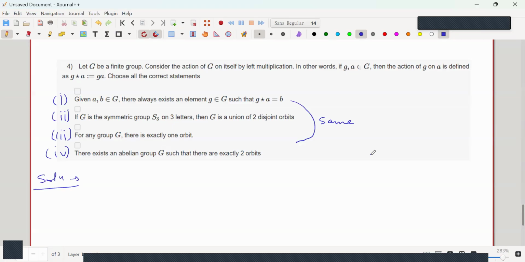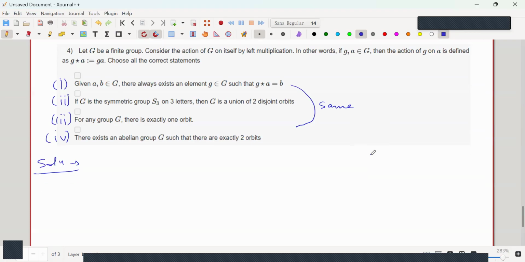Because this is for any group G. So cyclic groups are also covered and the symmetric group on three letters is also covered. So if for any group you are proving that there is exactly one orbit, there cannot be two orbits for some groups, right? Okay.